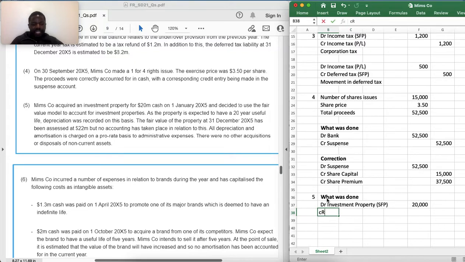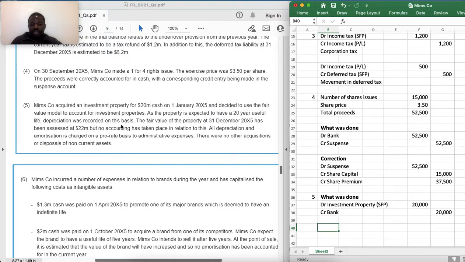Then credited bank $20,000 like that. Then now we are told as the property is expected to have a 20-year useful life, depreciation was recorded on this basis.